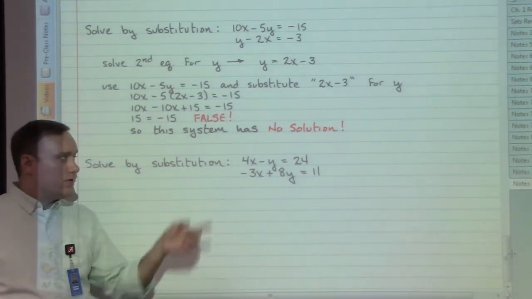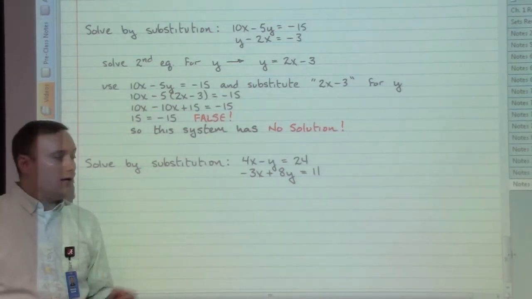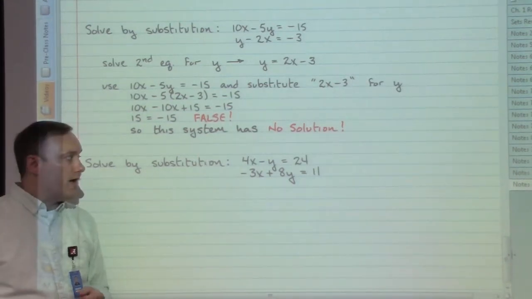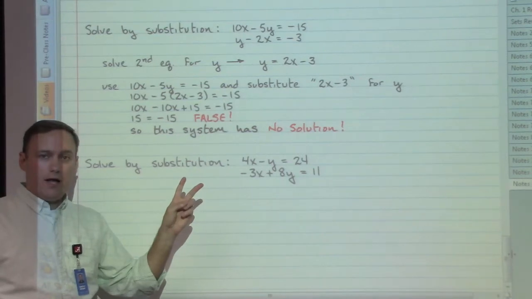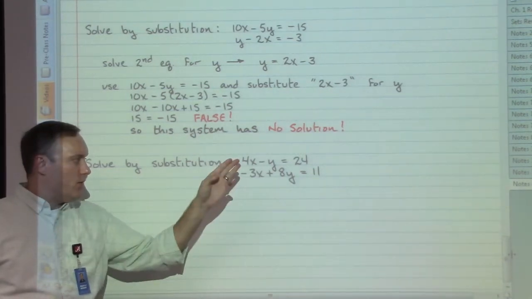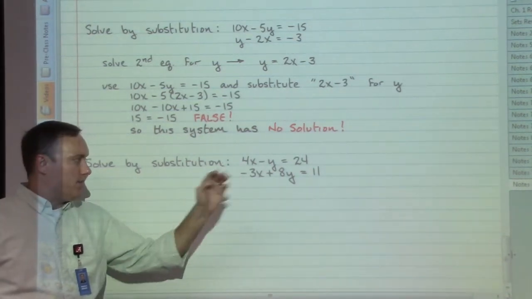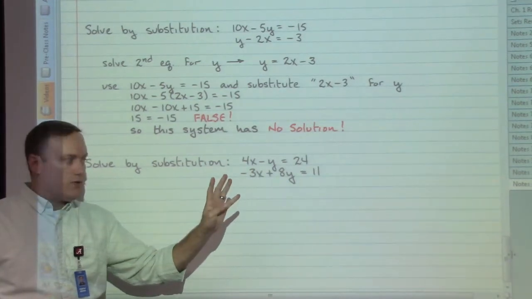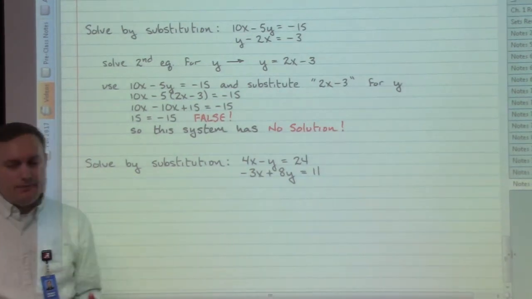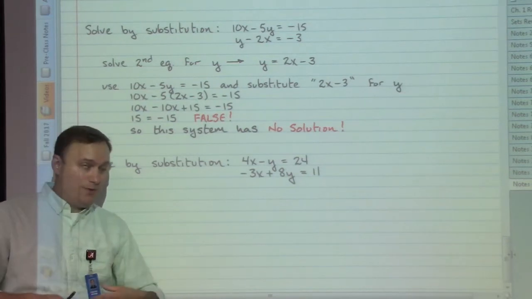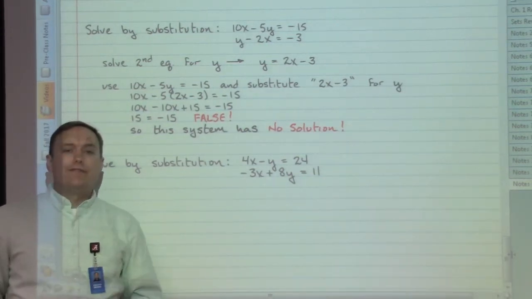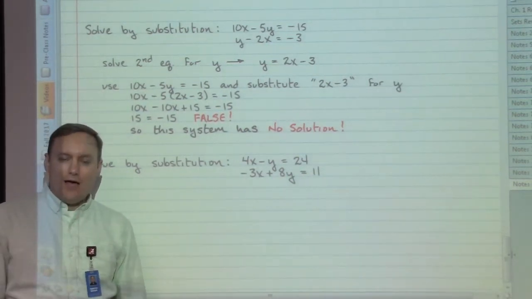I can pick the first equation and solve for x. I can pick the first equation and solve for y. Those are two of my options. I can pick the second equation and solve for x. I can pick the second equation and solve for y. So I have these four choices that I could make. Which of those is going to be the least amount of work?